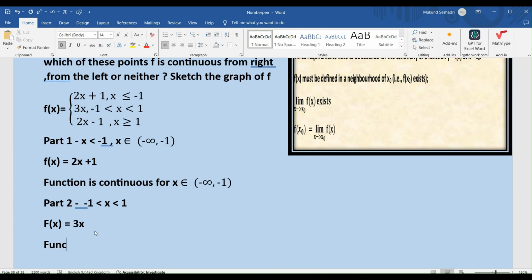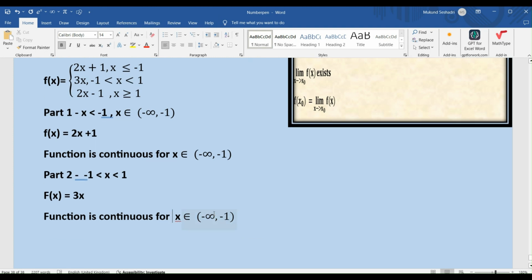I'm not going to go into the details, and I would recommend that in these problems, you might want to choose any number in the interval and quickly show that f of x is continuous in that particular interval.